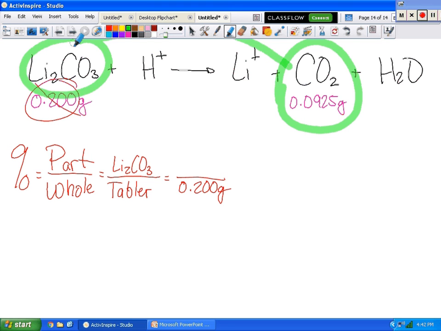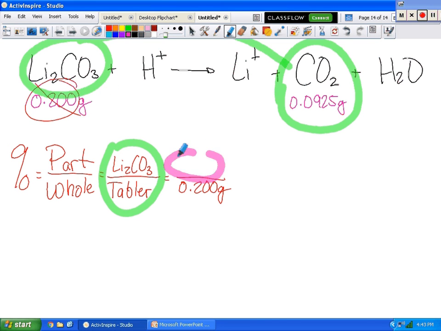That's easy. The hard part about this question is A, knowing what a percent is, B, knowing how this percentage is defined, and C, knowing that 0.2 grams is the entire mass of the tablet. So if you go from gram to gram, whatever the answer is will go right there.